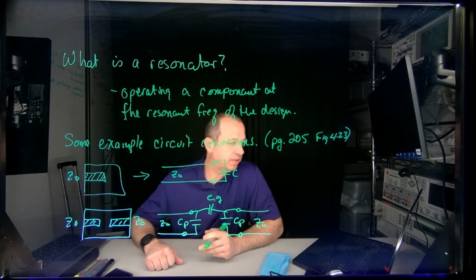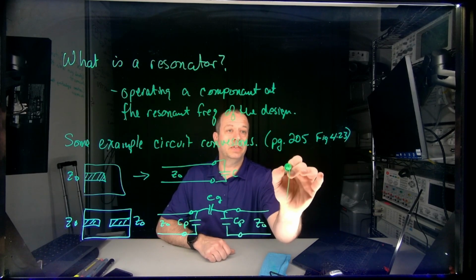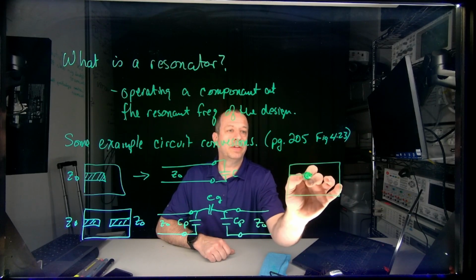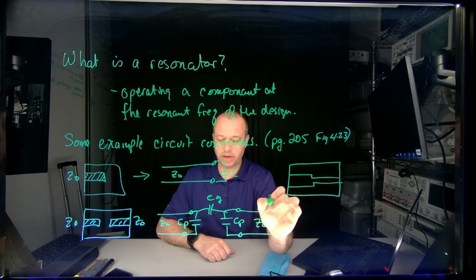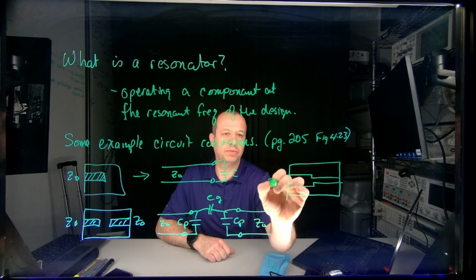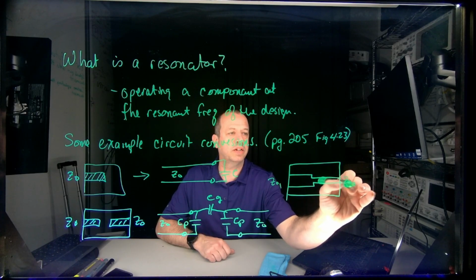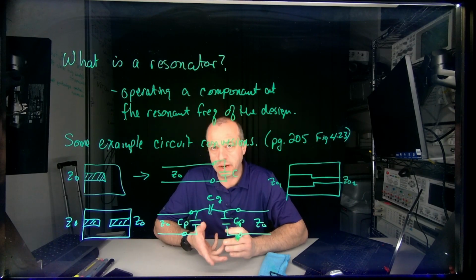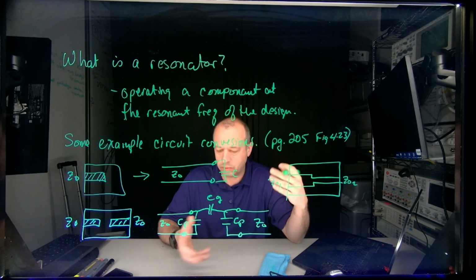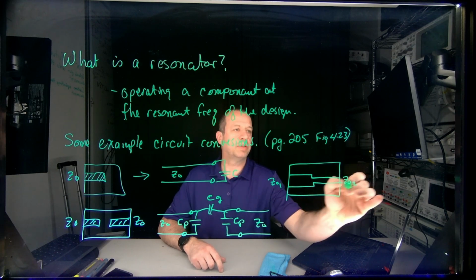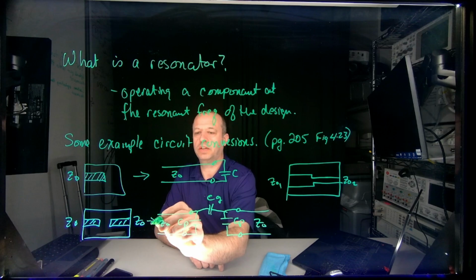Another form of this, and this is very common, is having a board with a trace and a stepped impedance. Okay, so this has some Z01. In your textbook, they refer to this as Z01 and Z02. So two different characteristic impedances, 50, 75 ohms, 25, 50 ohms, doesn't really matter. But then this directly translates to this.